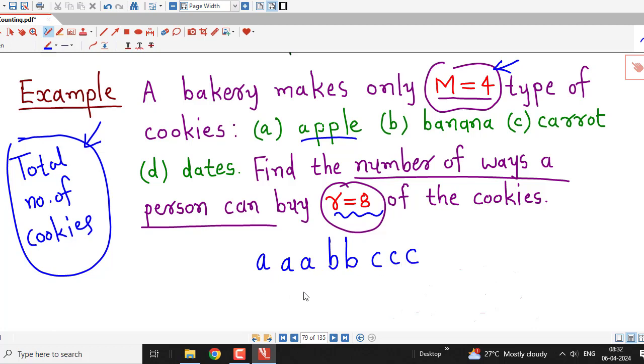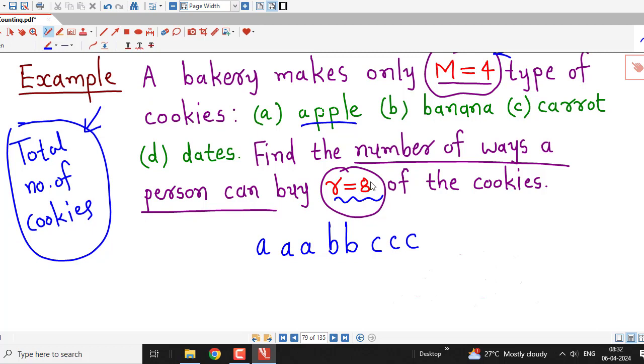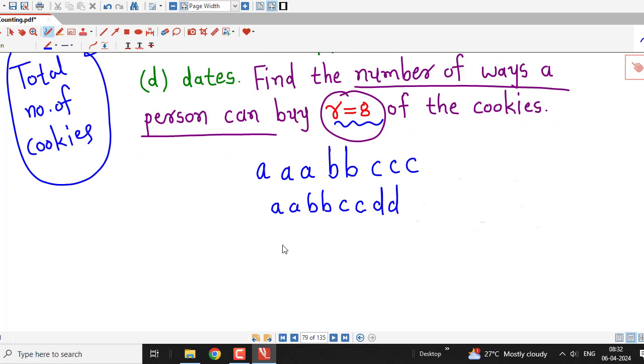This is one possible way in which a person can buy 8 cookies. Some person might be interested in 2 cookies of each type, then this is another possible selection. Some person can have a choice of this type also, 1 2 3 4 5 6 7 and say D.